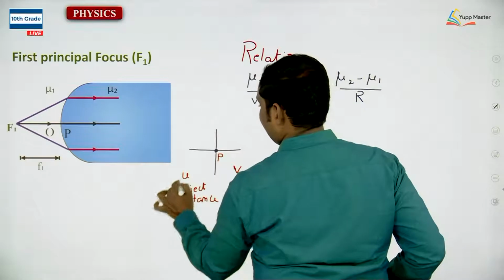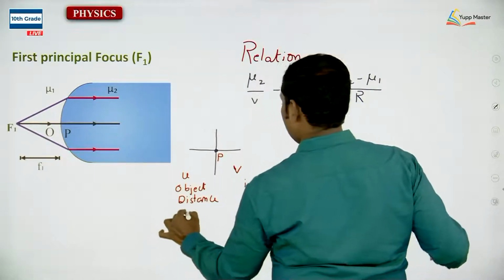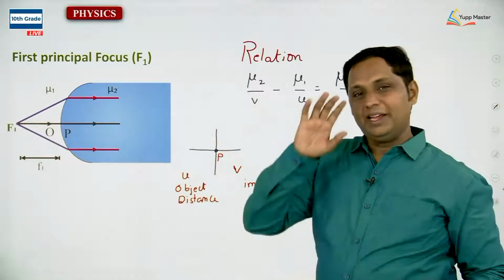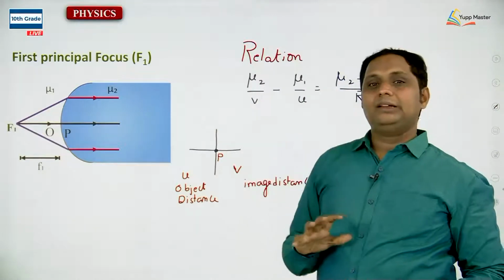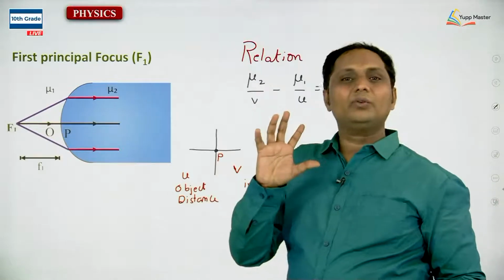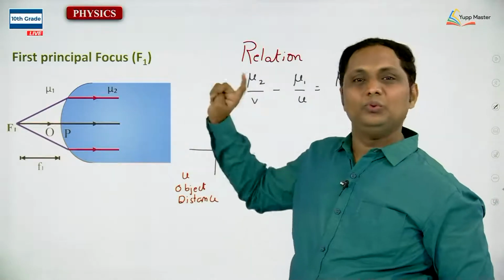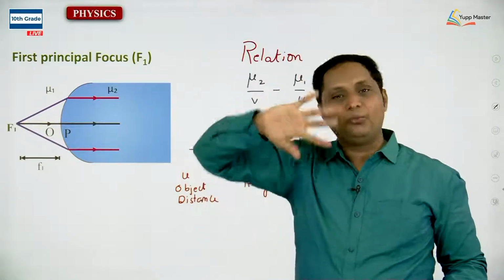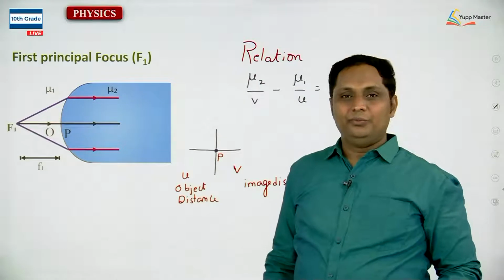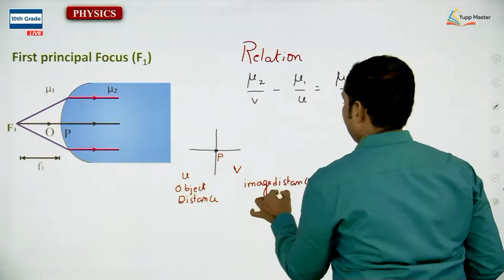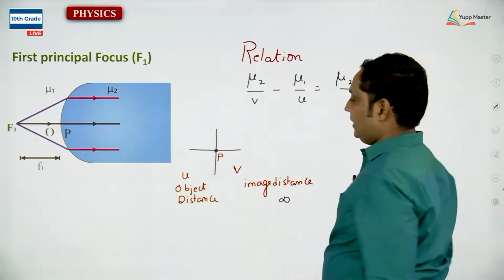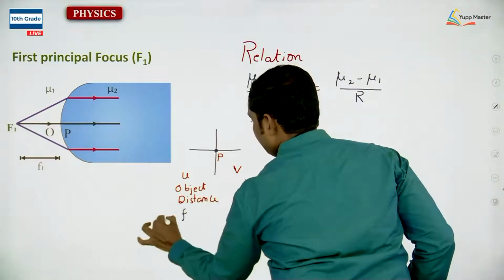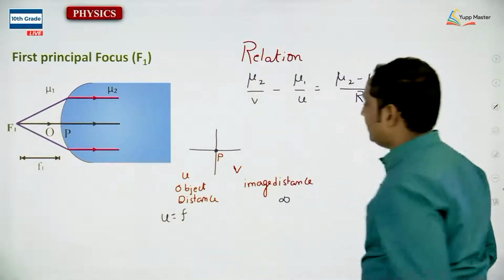This is the object distance u. The refracted rays are going to meet somewhere else, and we consider that to be at infinity, right. So you can take that, that is f. So u is equal to f. All right, it is very clear.